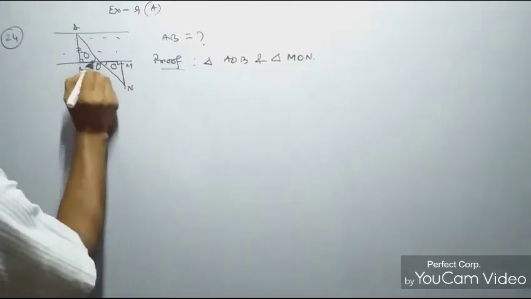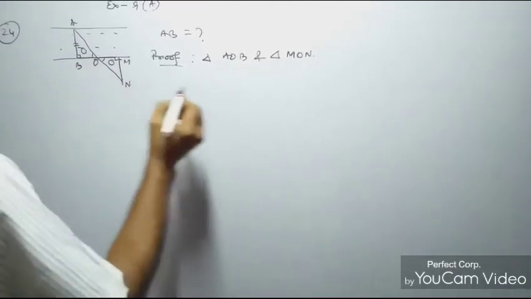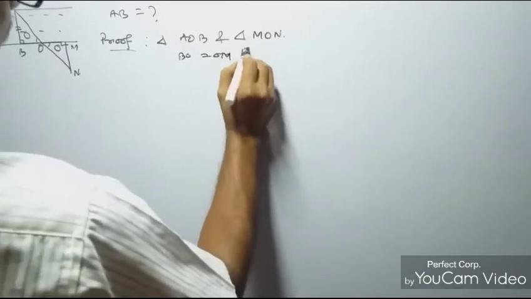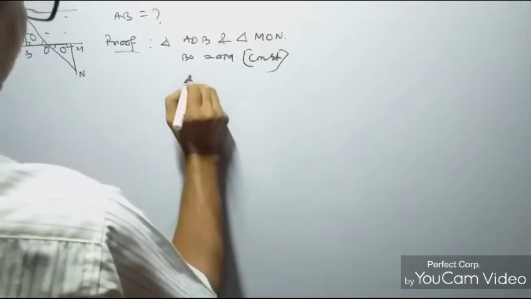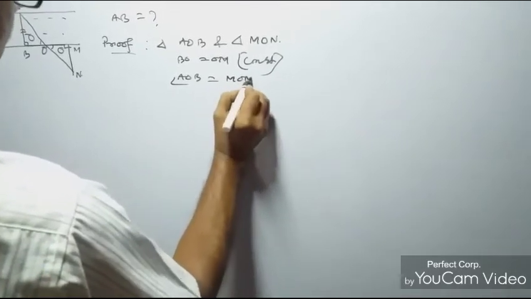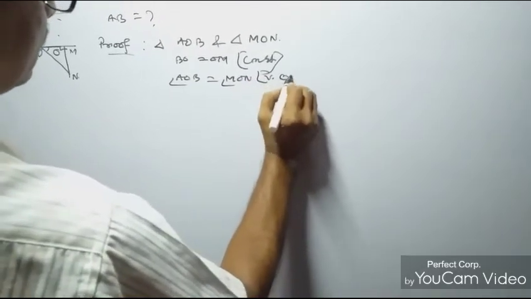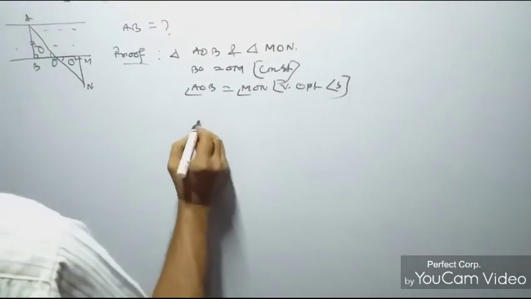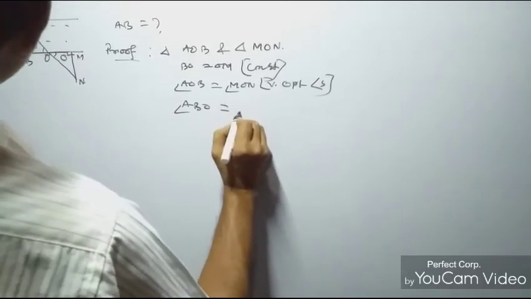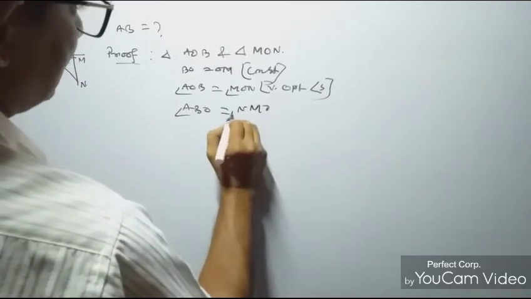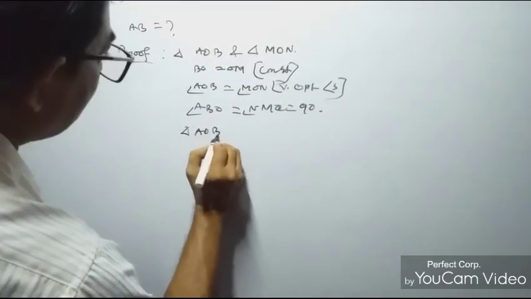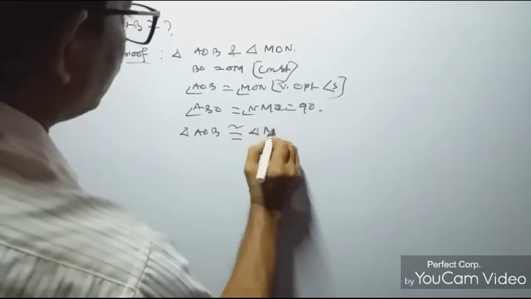So BO equal to OM, by construction, and angle AOB equal to angle MON, these are vertically opposite angles, and angle ABO equal to angle NMO, this is 90 degrees. So we can say triangle AOB is congruent to triangle MON.